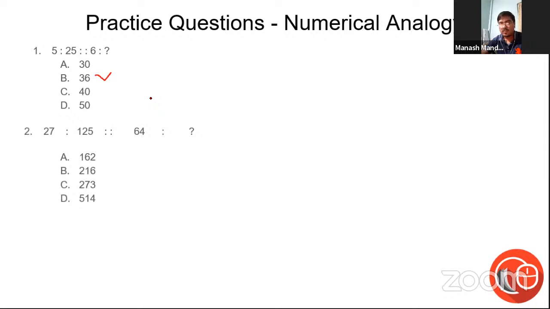Let us solve this. If 27 is 125, what is 64? If you know the answer, write it in the chat box. Again, let me remind everyone that if you haven't memorized the table for cube root and square root up to 15, please do so immediately.